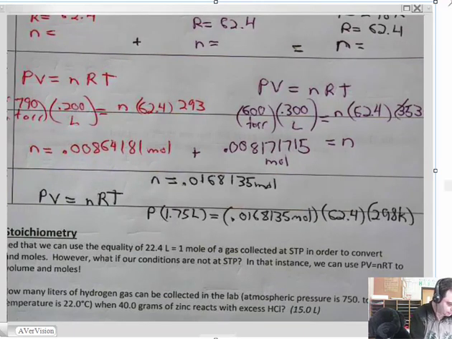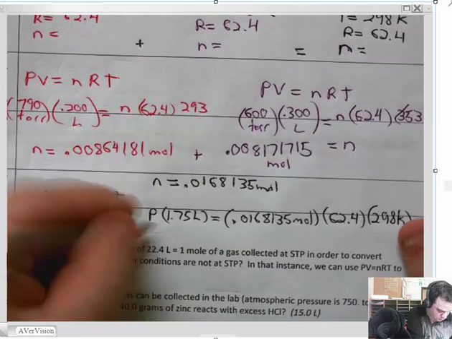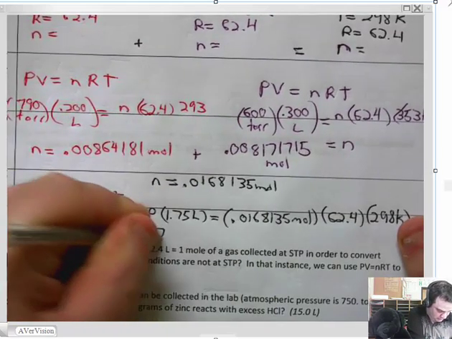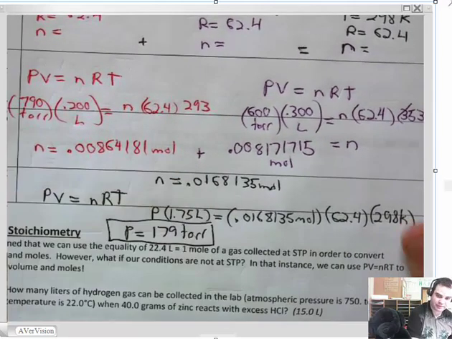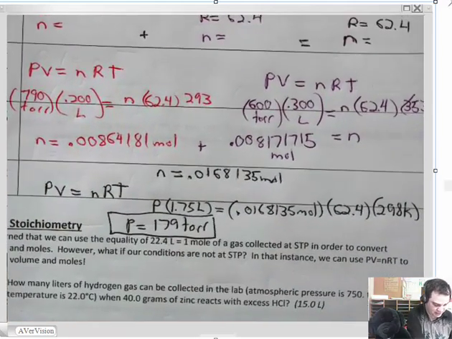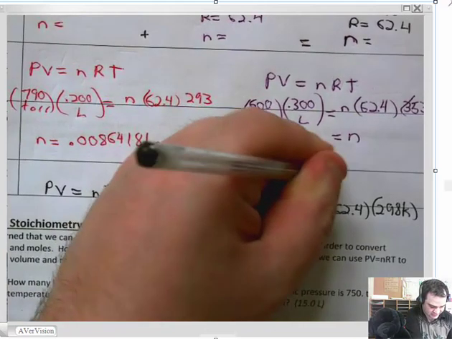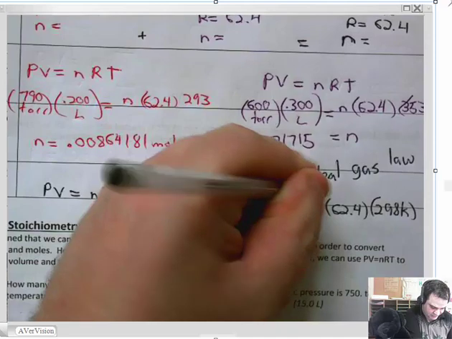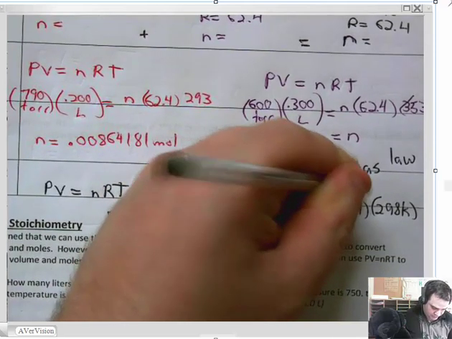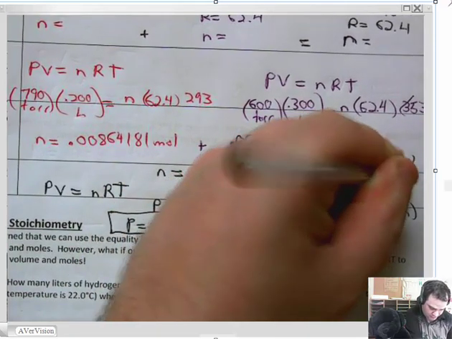And I got 178.6, which rounds to 179 torr total. It's another way to do a problem that we have seen before. I used the ideal gas law separately three times.